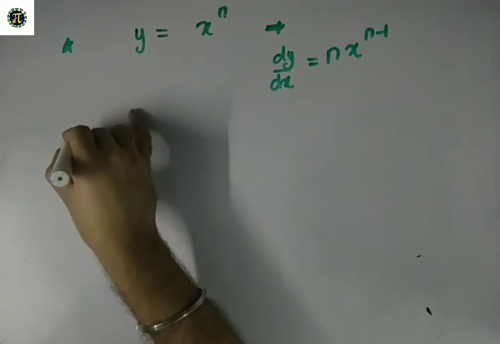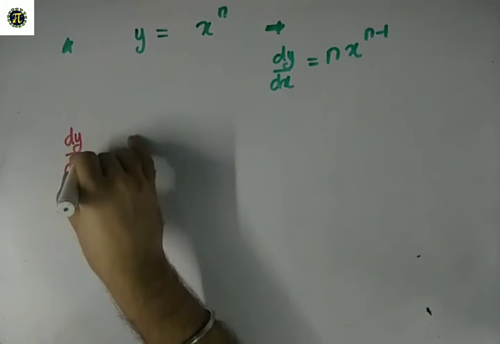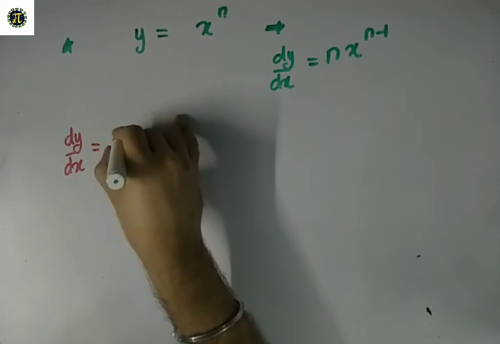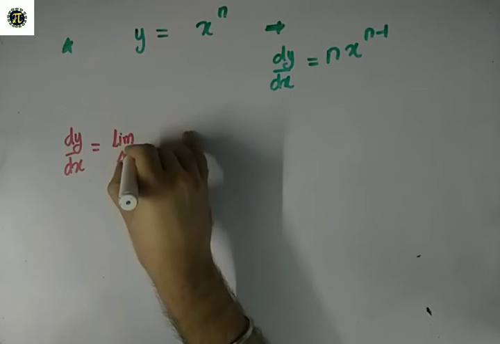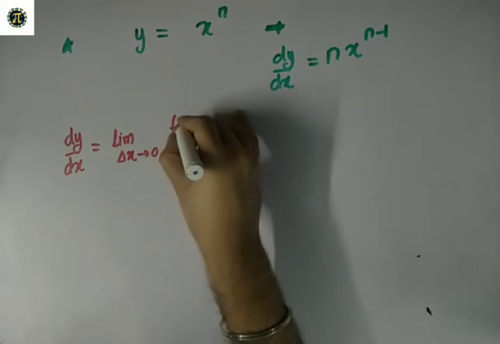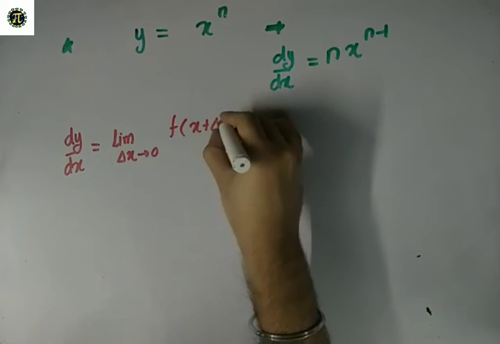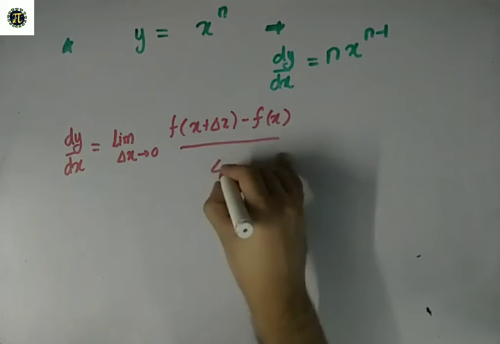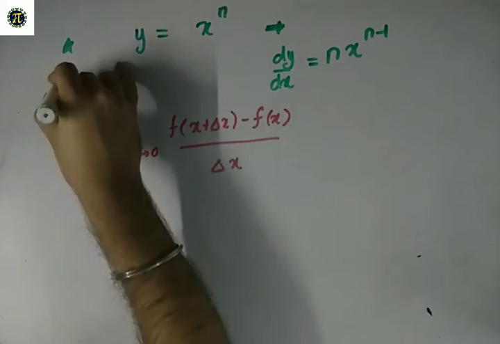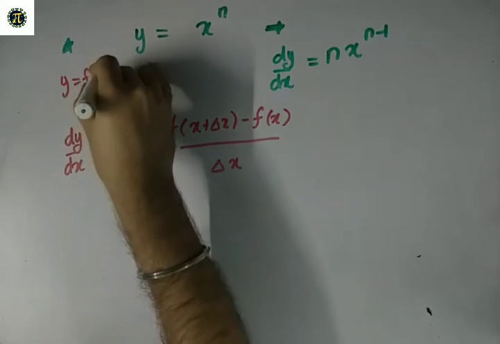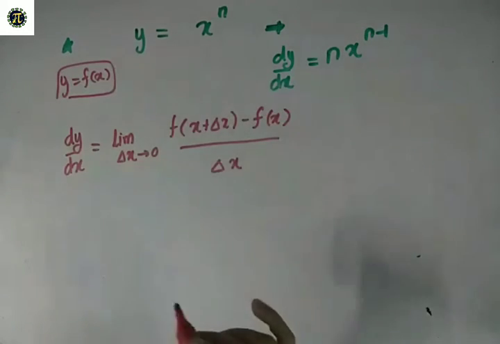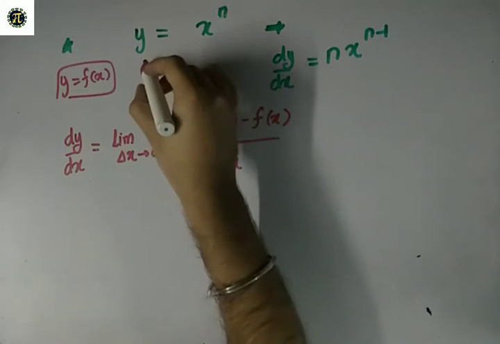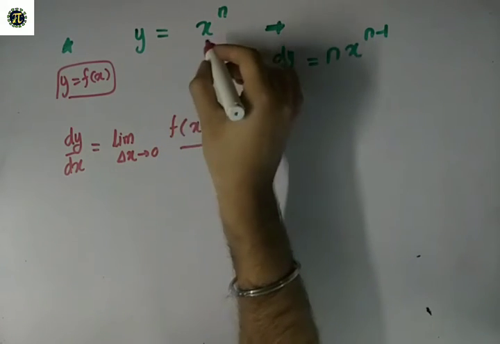Let's use our definitions. dy by dx by definition is equal to limit delta x tending to 0 of f of x plus delta x minus f of x by delta x. By definition we know y is equal to f of x is the definition of the function, so I can also write this side as f of x.